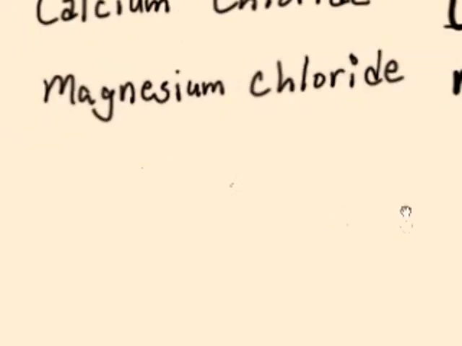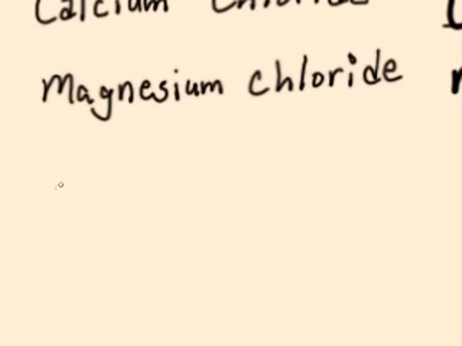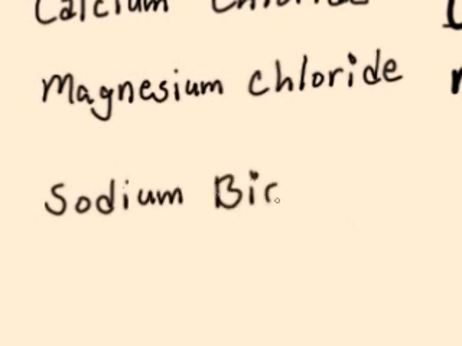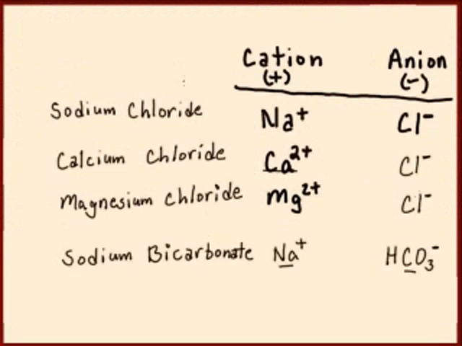And so this salt is going to be called sodium bicarbonate. Sodium bicarbonate is the salt. Okay, and so these are some important salts that are in the body. Sodium chloride, which is made of sodium and chloride, okay, calcium chloride, magnesium chloride, and sodium bicarbonate. These are some very important salts in the body.